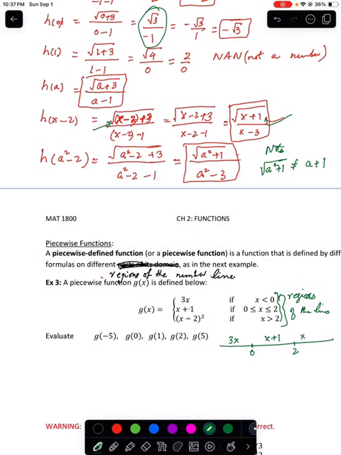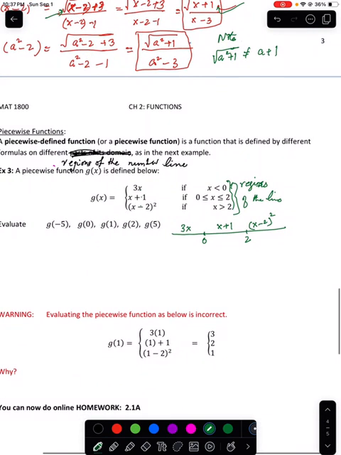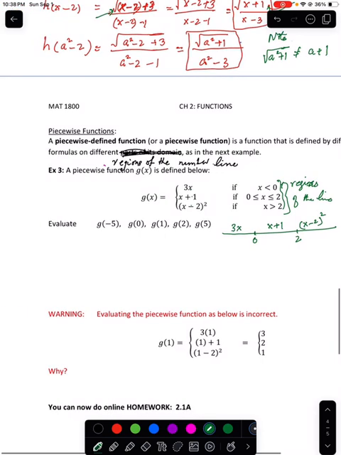So when we have to find these values, okay, so when we have to find g of -5, our first step will be to figure out in which region -5 is.